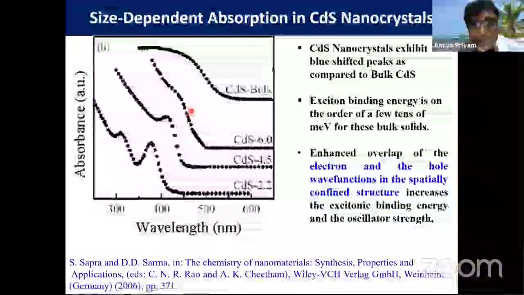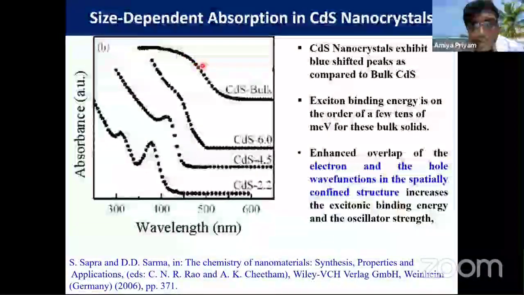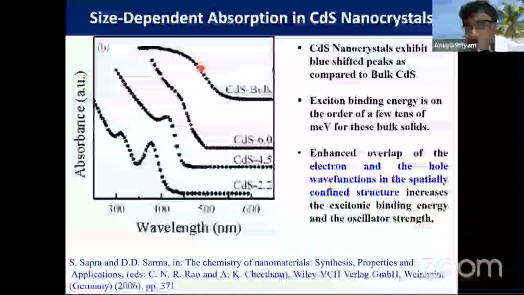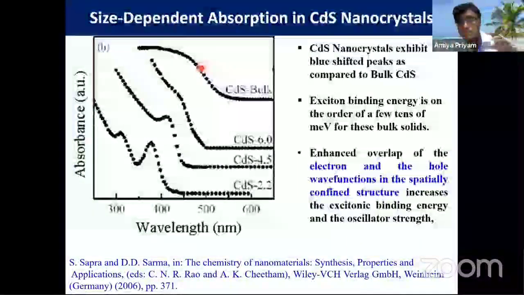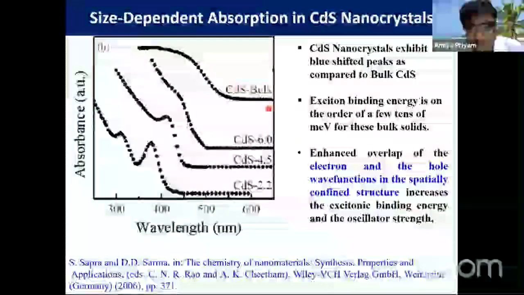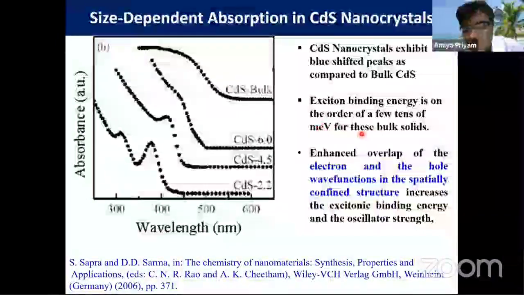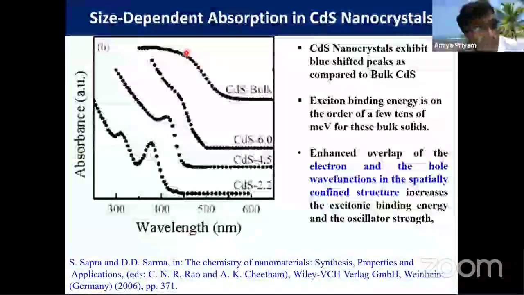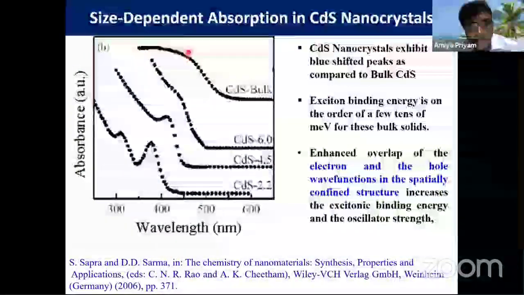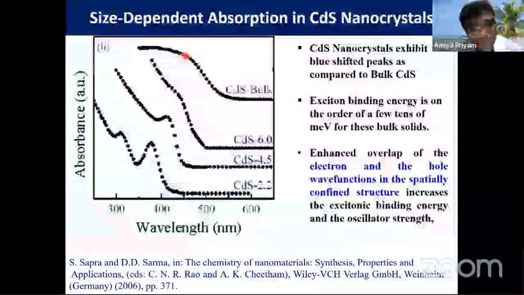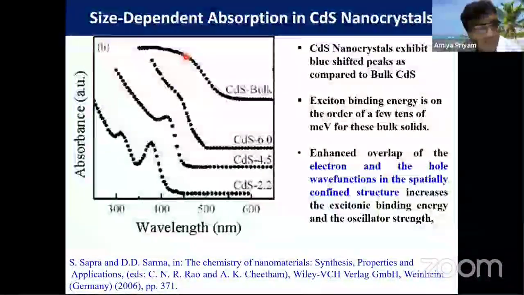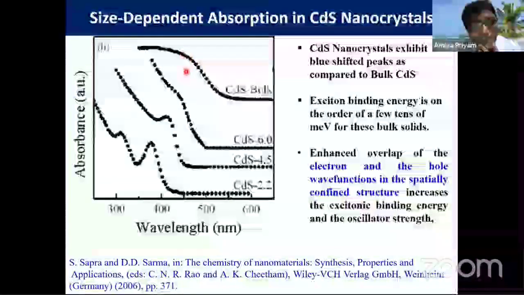This is because in the bulk case, the exciton binding energy is very small, on the order of a few tens of meV, which is equal to the thermal energy. So the exciton is not really tightly bound together; it is easily thermalized, and you don't see a typical exciton peak.